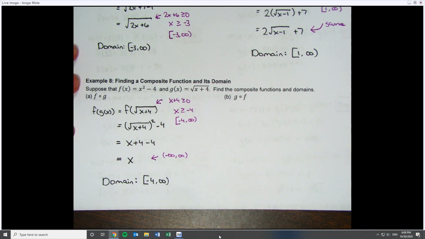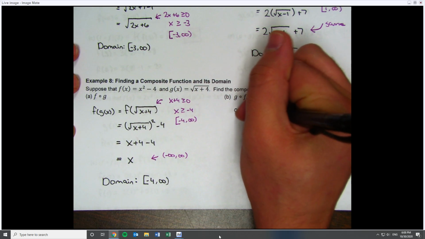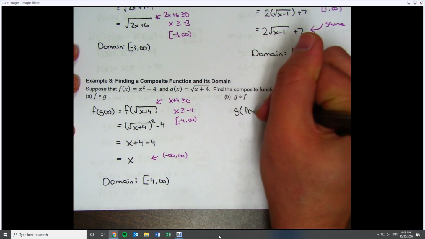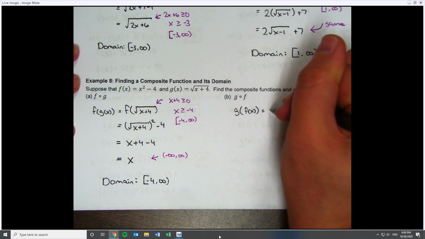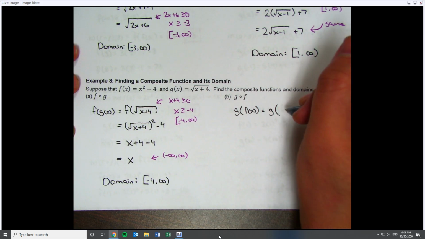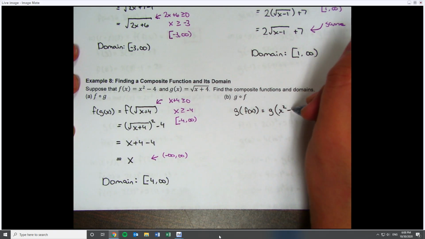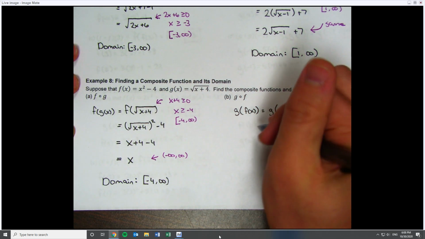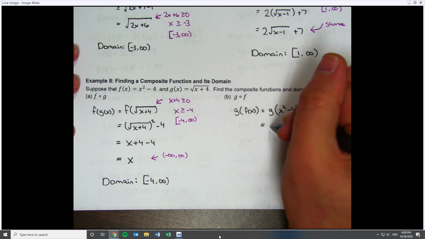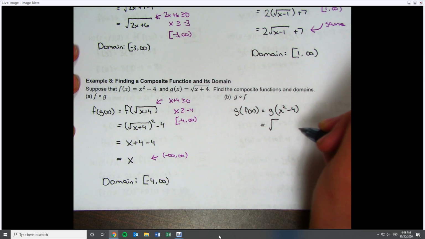Now for my last one, I have g of f of x. So I have g of x squared minus 4. Continuing on, this is now square root because that's what g starts with.